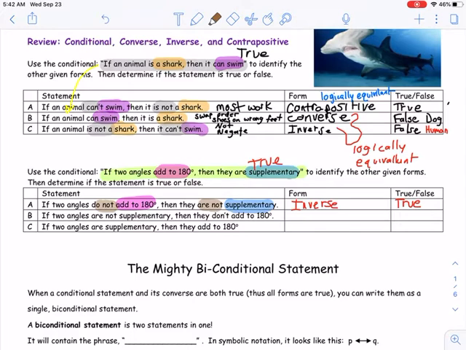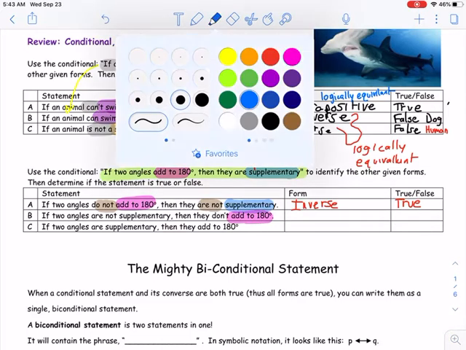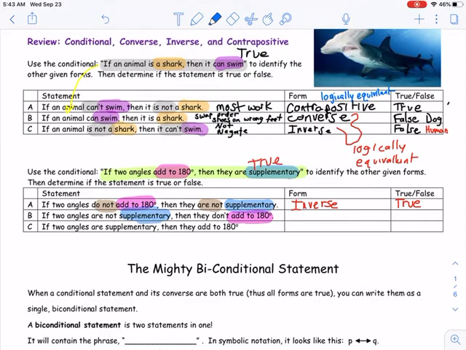Okay, now in this next statement, swapping the order, but the nots remain. So this is a lot of work right here. I had to swap the order and negate. So this one will be the contrapositive. And remember, since we know the conditional is true, we don't even have to think that hard. We know this one's true.